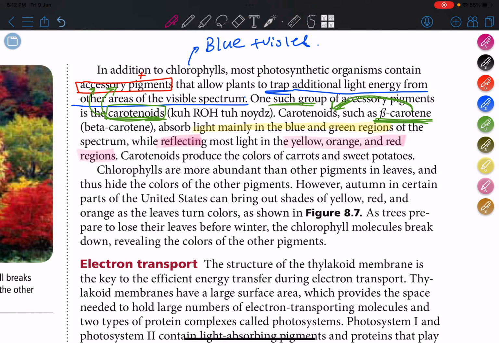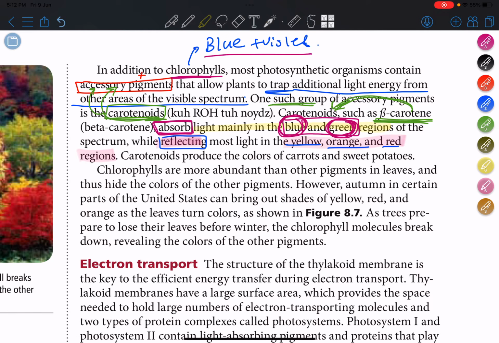So the carotenoids mainly absorb, again, focus on the words, light in the blue and green regions. Chlorophyll absorbs in the blue-violet region, but carotenoids absorb in the blue and green region. And what do they reflect? If they absorb in the blue and green, what do they reflect? They reflect mostly yellow, orange, red regions.